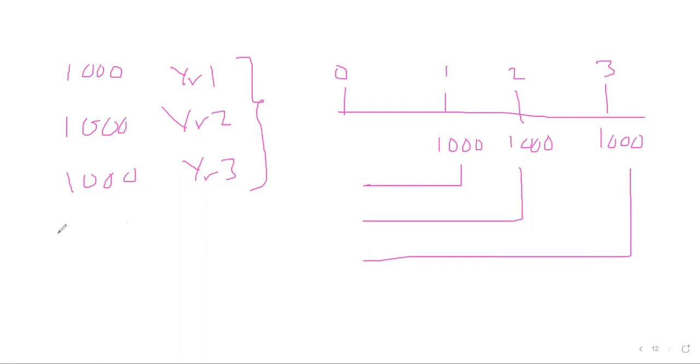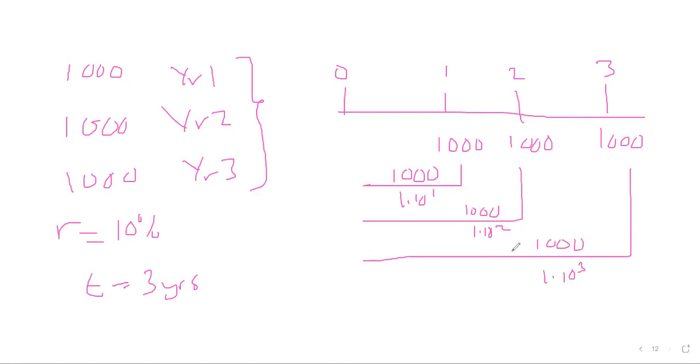Our interest rate is still 10%. The period of time is 3 years. So we're going to simply divide, the way we're calculating our NPV. 10%, 1,000 here over 1.1 to the power 2, 1,000 here over 1.1 to the power 3.